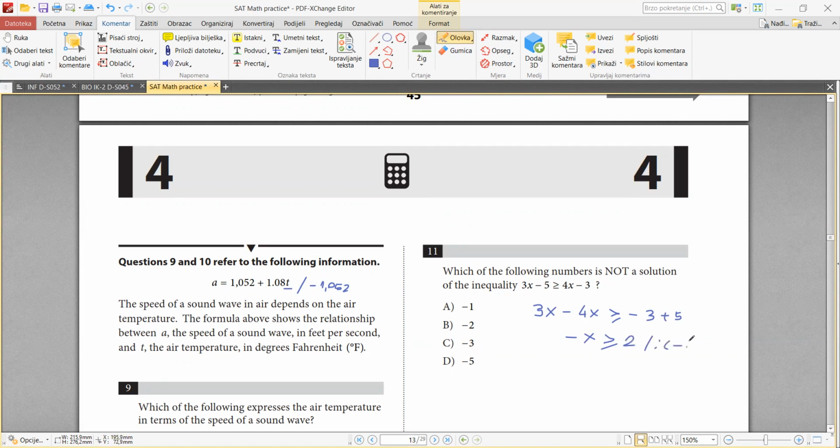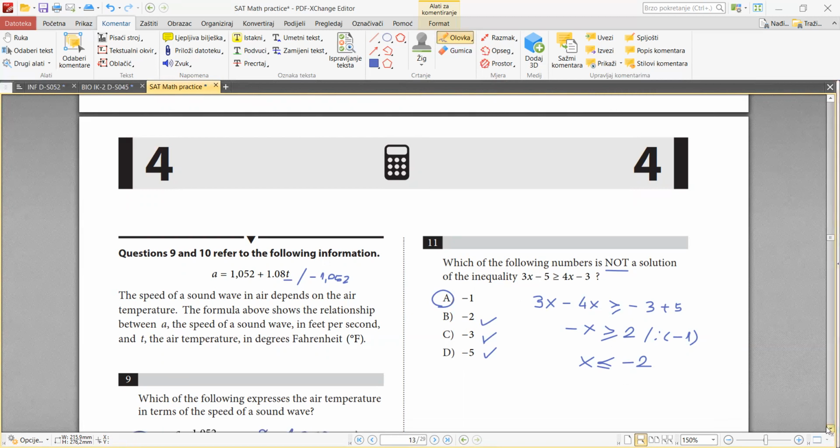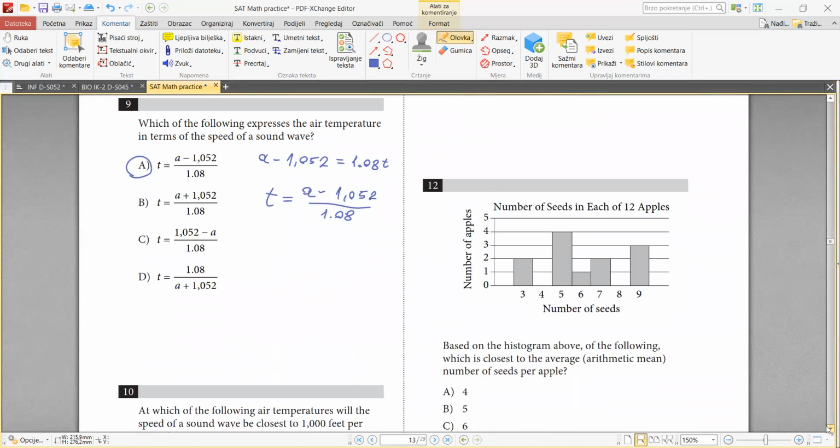And when we divide with minus 1, we get that x is less or equal to minus 2. Which of the following numbers is not a solution of the inequality? So minus 5 is the solution. Minus 3 also. Minus 2 is a borderline solution. So the correct answer would be minus 1, because minus 1 is greater than minus 2.